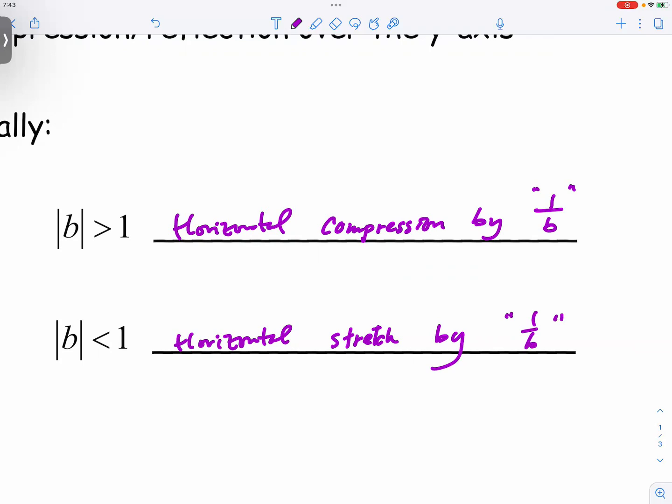So now I'm going to give this example because it's a reciprocal and things might be a bit challenging. So for example, if B is equal to 1/2, then it will be a horizontal stretch by 1 over 1/2, which is 2, because the reciprocal of 1/2 is 2.